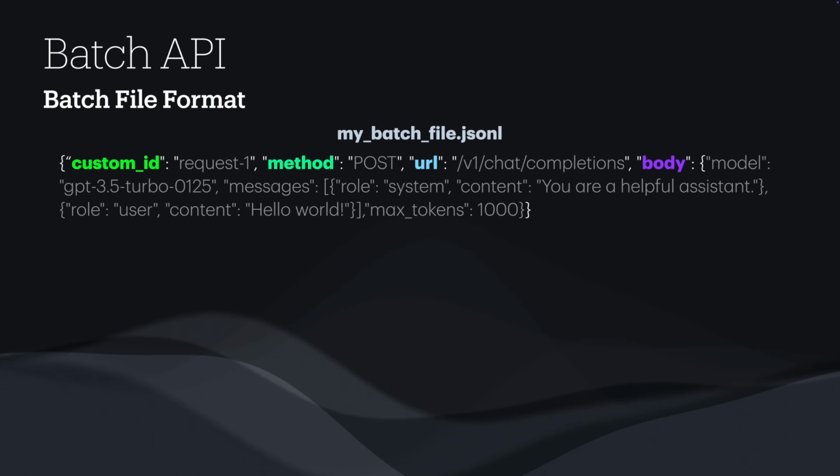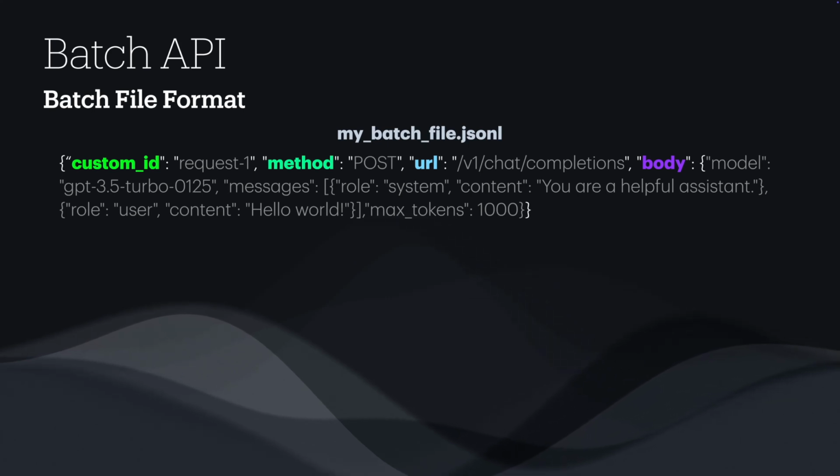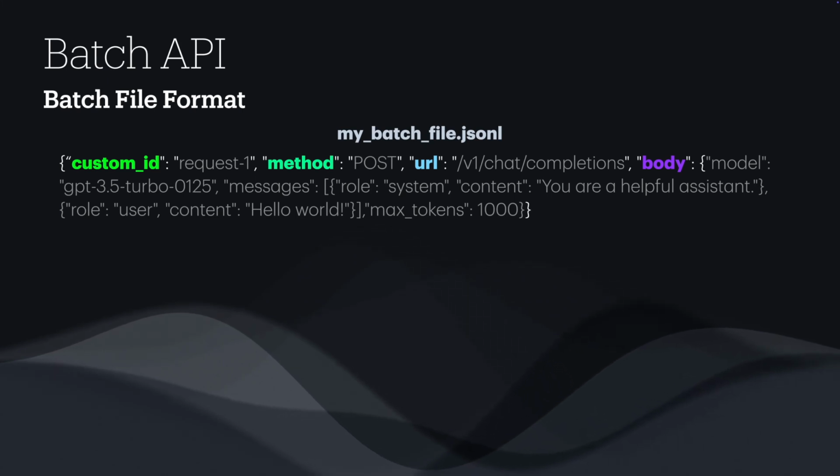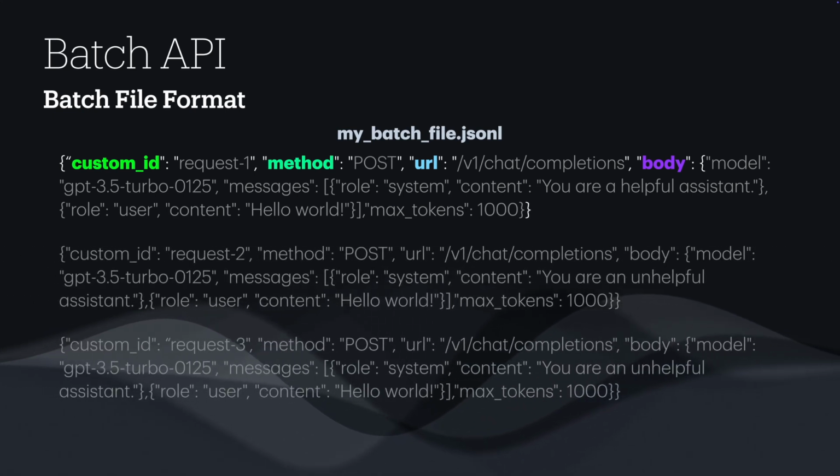And then you'll have the URL, and in this particular example, I'm using the chat completions API. And lastly, you'll have to provide a body. The body is nothing more than, in this particular example, the chat completions request body that you would typically send if you were not using the Batch API and you were just using the regular chat completions API. And again, you're just going to have one object per line in this file. That's all it is.